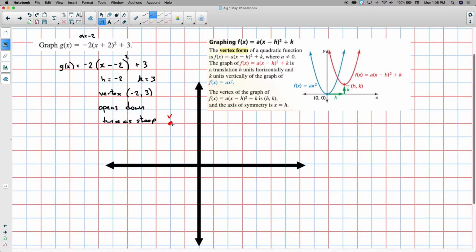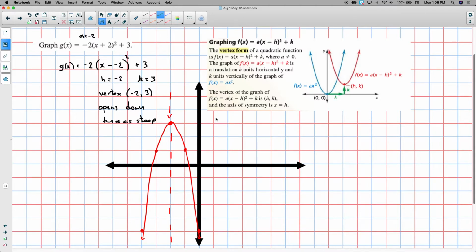I know it opens down, so it's going to do this kind of thing. And I also know it's twice as steep. So here comes twice as steep. It would normally go 1, 1, 2, 4, but now it goes 1, 2, twice as much, and 2, 8. 1, 2, 3, 4, 5, 6, 7, 8. All right, axis of symmetry. And therefore I can get this point and that point. Okay, so here is my parabola.